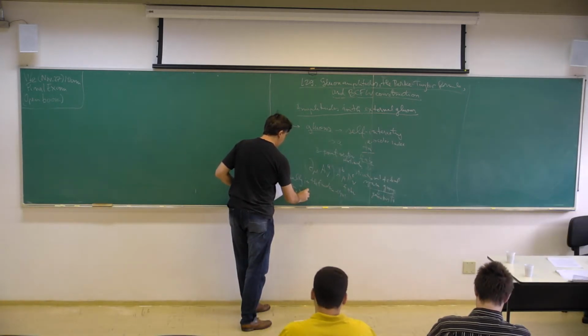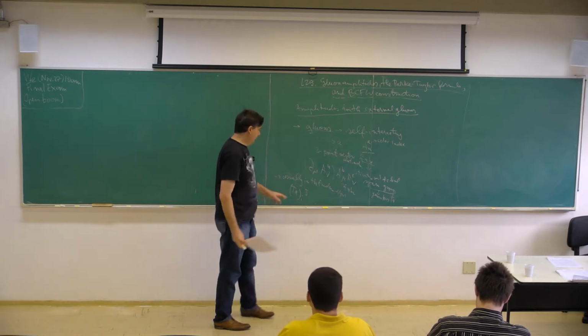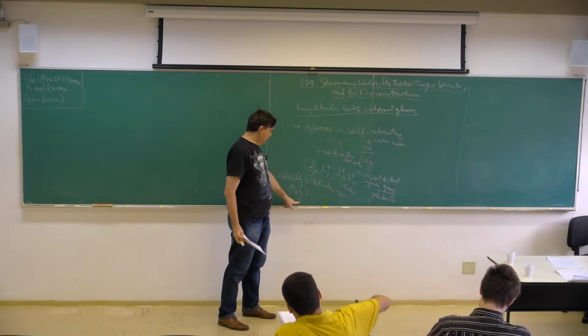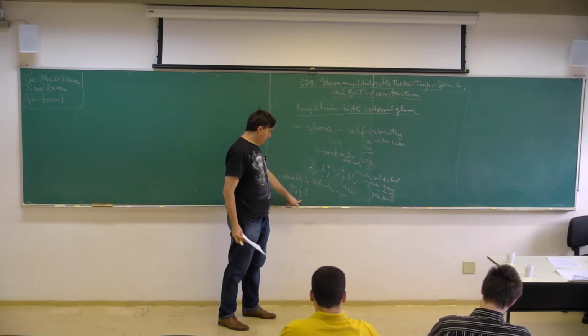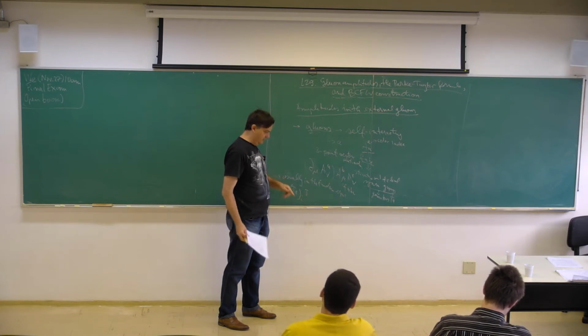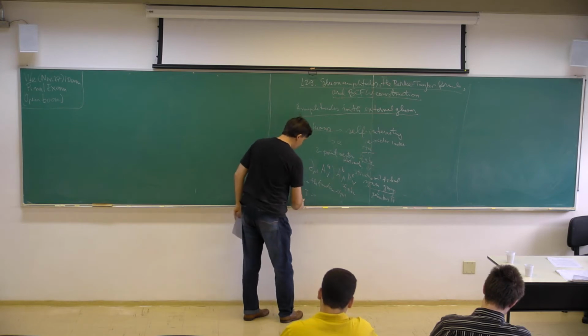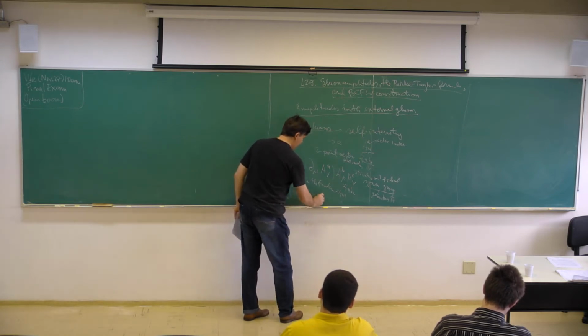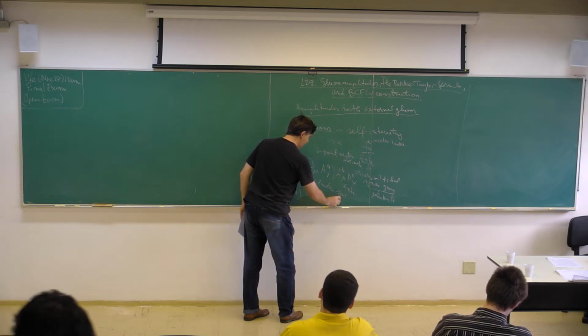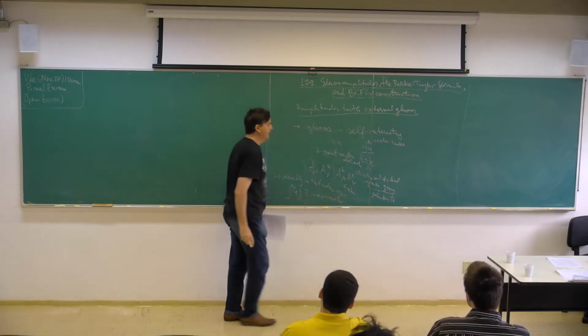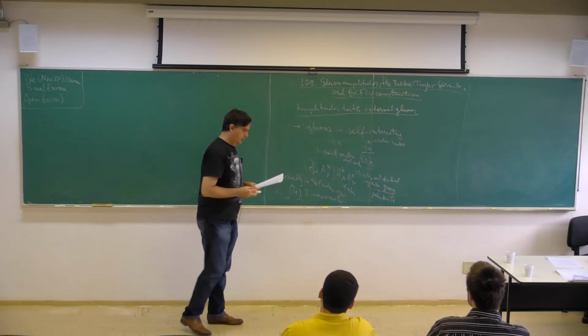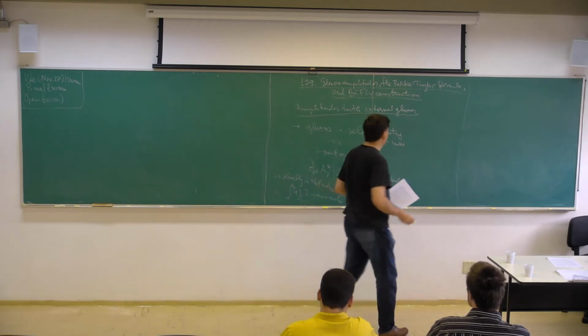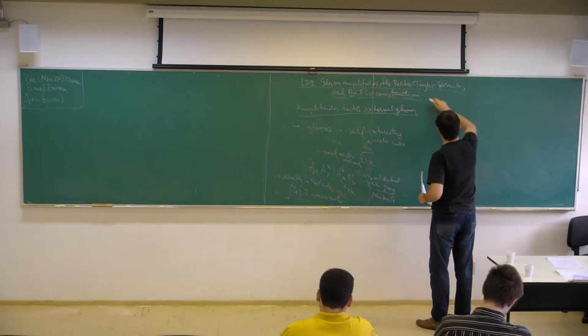That means that this T^A is a matrix with indices in a fundamental representation i and anti-fundamental representation j bar. So if this i goes from 1 to n, this is an n by n matrix. Okay.